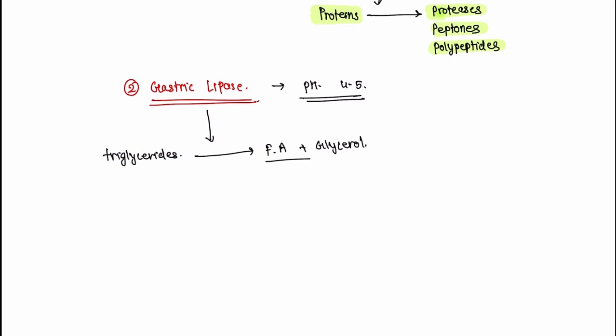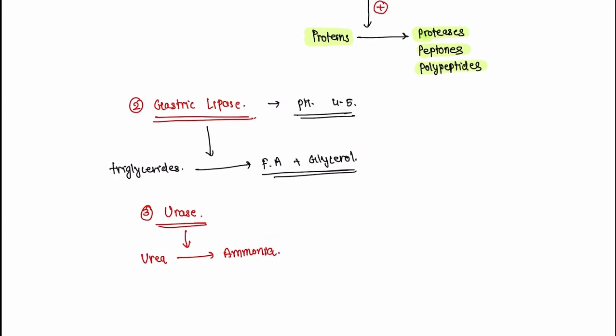So breakdown of triglyceride. Then third is urease. This will convert urea to ammonia. Fourth is renin, but renin is only present in animals. It is not present in human.